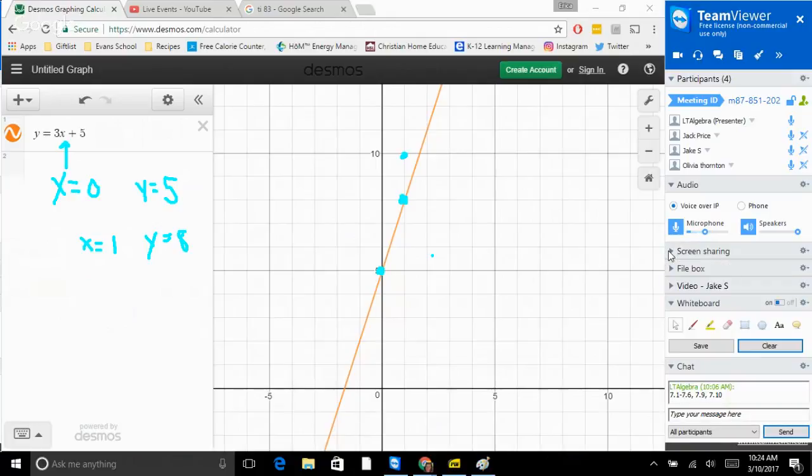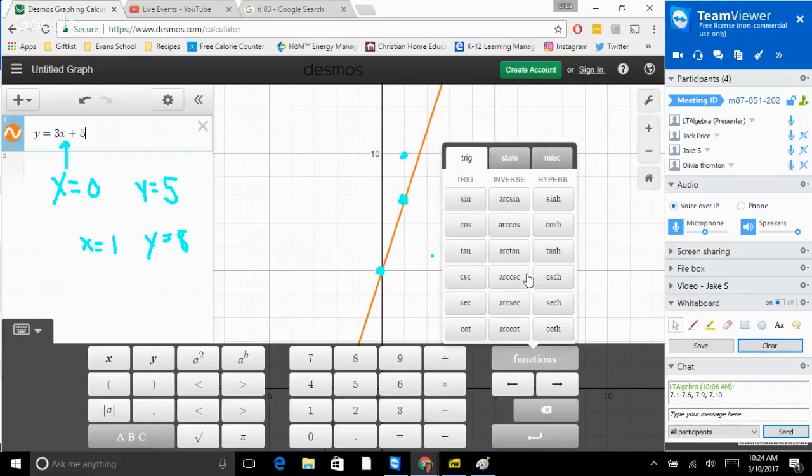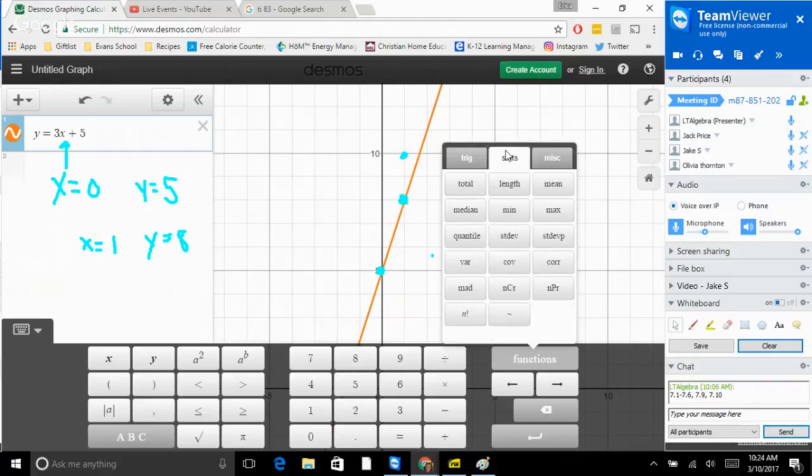So that's Desmos. It is a graphing tool, but not only a graphing tool, it's a scientific calculator. We have the standard functions here, squared to any value. You've got pi, you've got absolute value. If you go under functions, these are all geometry terms. You can do the mean, mode, median, all that stuff.